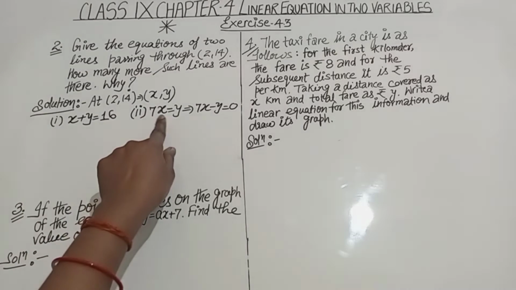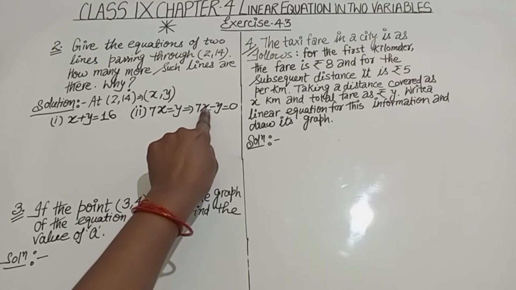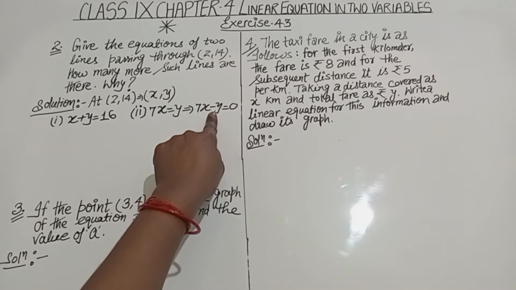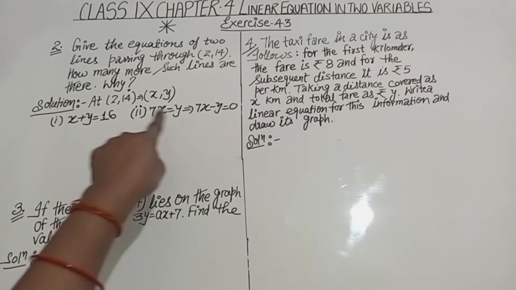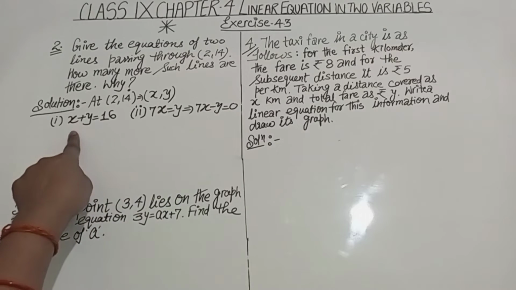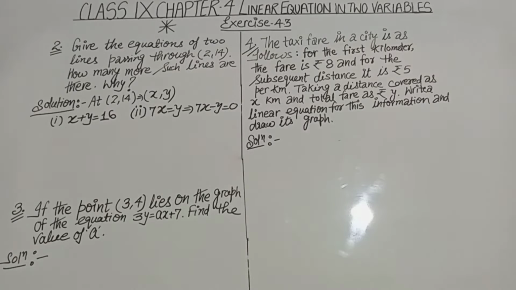Now putting x as 2, 7 times 2 is 14, and the value of y is 14, so 14 minus 14 gives 0. So this is the second equation which passes through (2, 14). You can also make two or three more lines, but here we need to write only two lines. So the two equations are: the first is x plus y is equal to 16, and the second is 7x minus y is equal to 0.